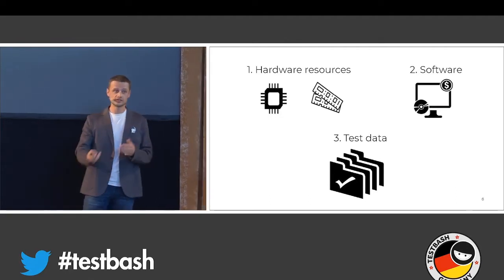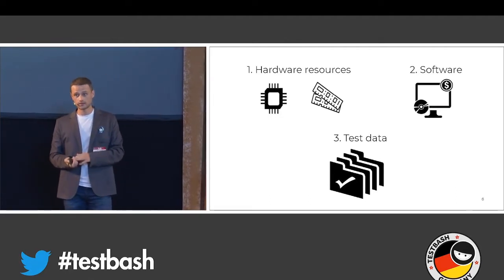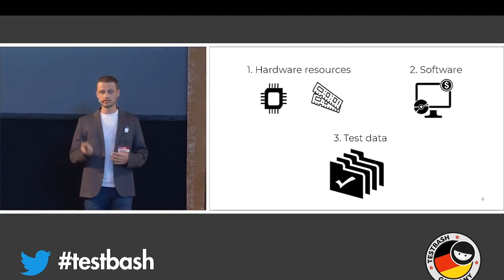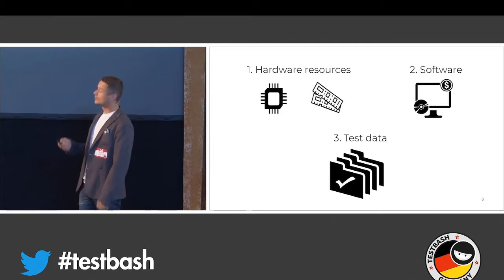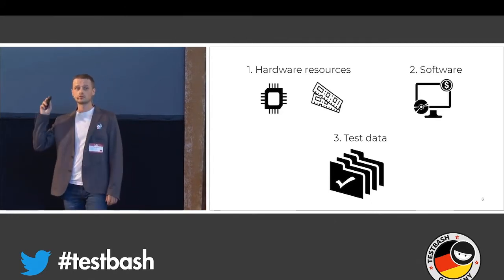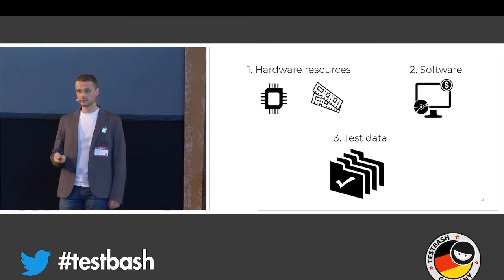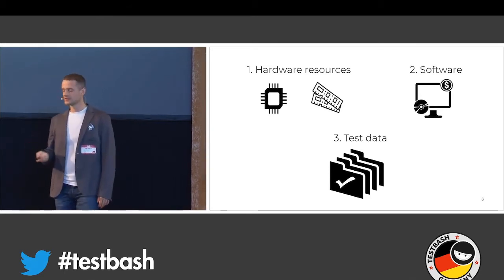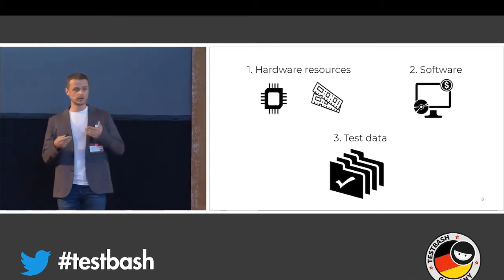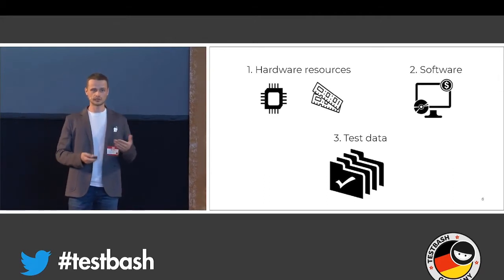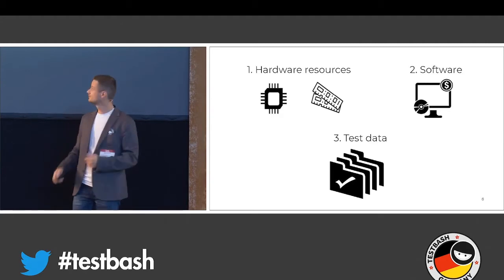Hardware resources is your CPU, your RAM, your memory, either it's HDD or SSD. Then we go to software, particularly the load balancer and some anti-malware software. And test data, quite obvious. The bigger the size of the database, the slower it becomes to request information from it.